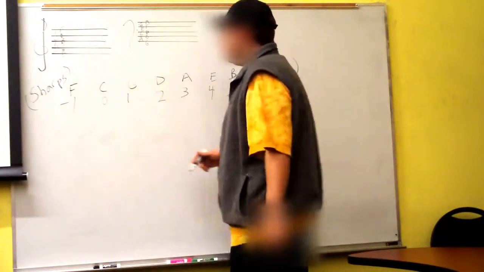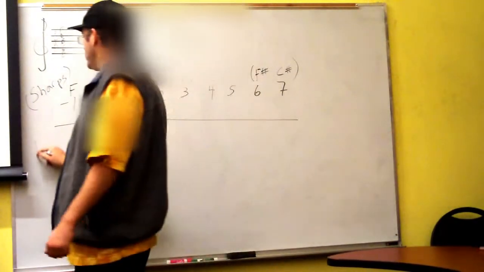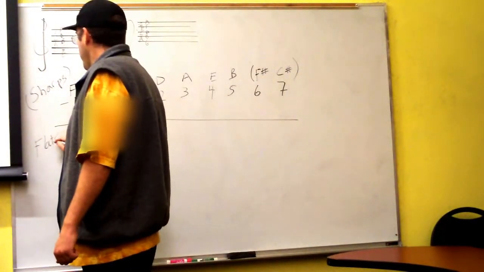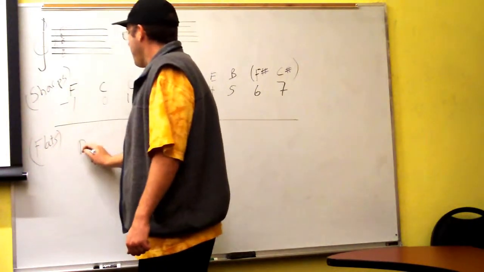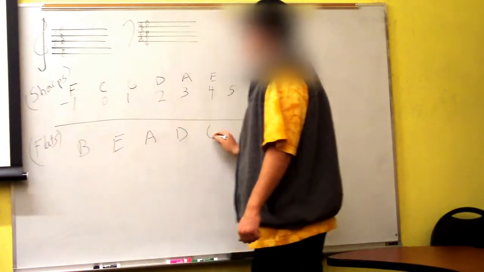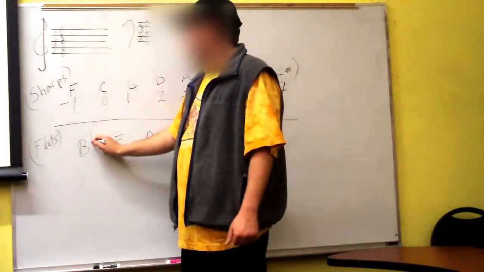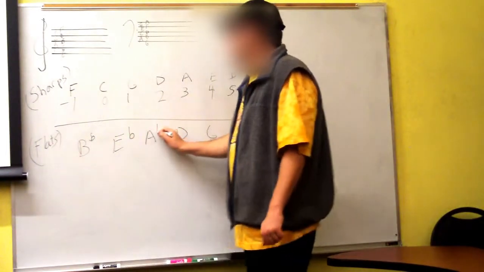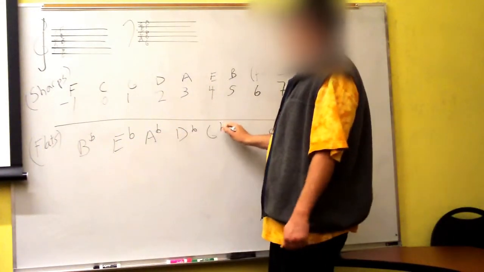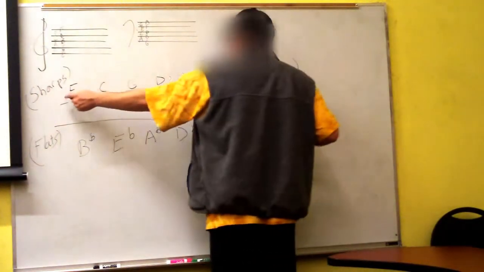Okay, so flats. Feed gypsies. Now, one thing, as we said before, to remember is that every one of them has a flat next to them except the F, and F is the kind of strange bird, right?